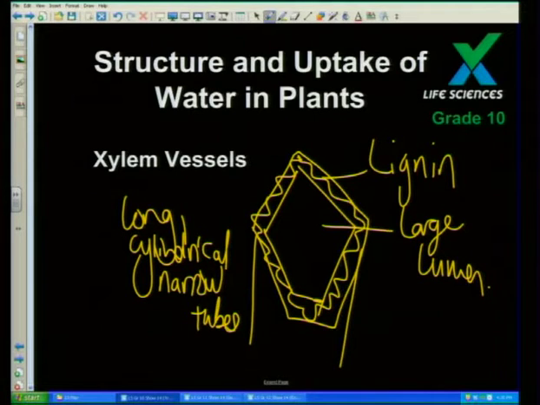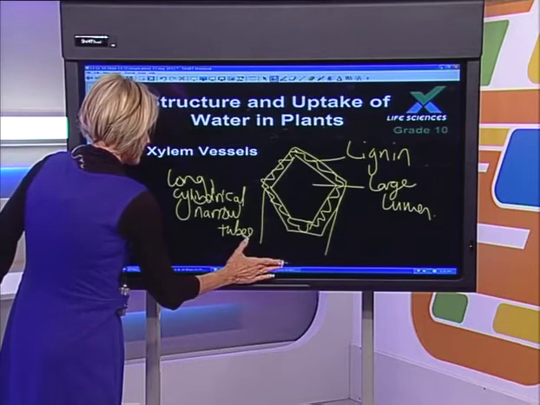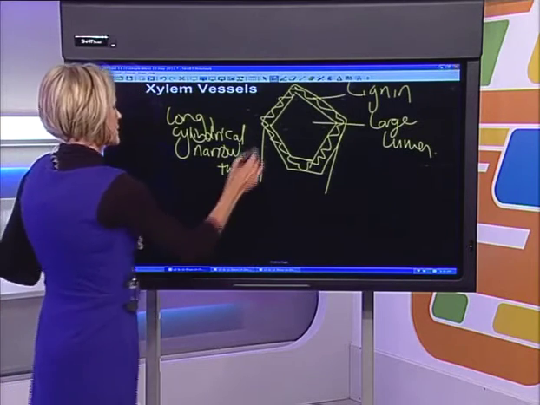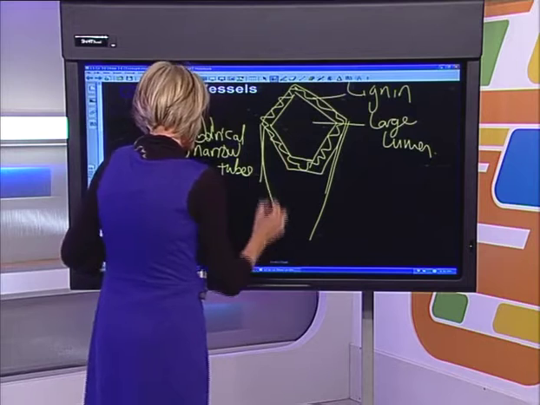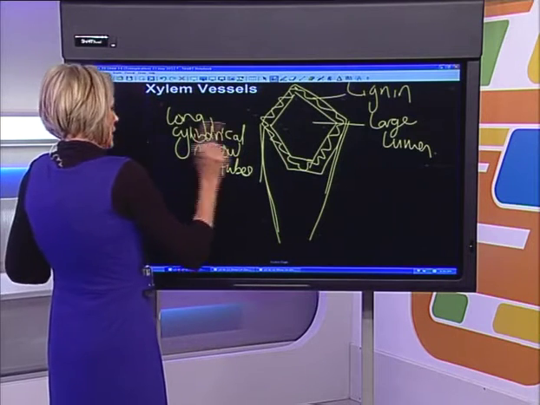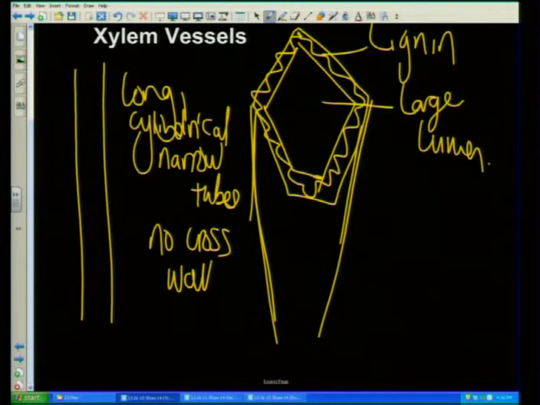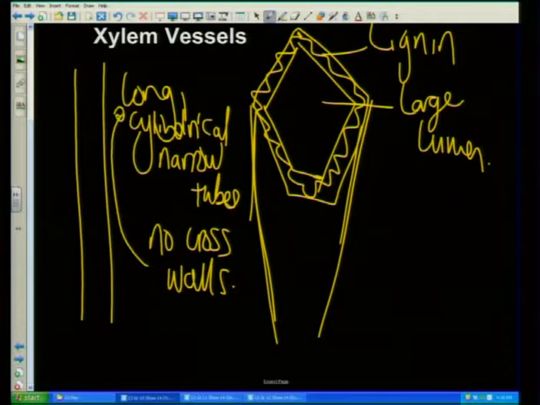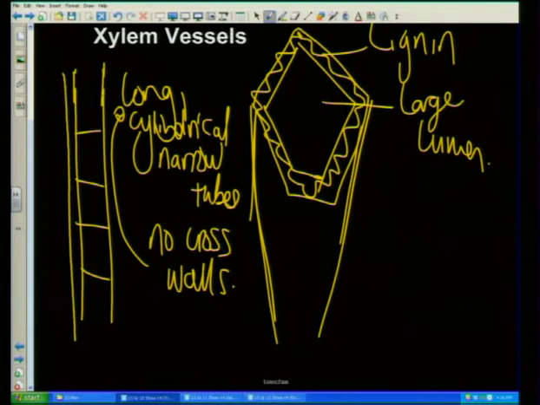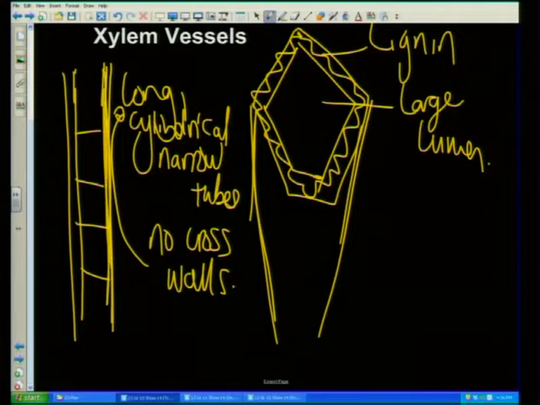Let's just make more space here. There are no cross walls. Now, what does no cross walls mean? No cross walls is what makes them long, cylindrical, narrow tubes, because if these were all the different cells, the cell walls, let's just do this, your cell walls are thick, we're drawing that from the side.